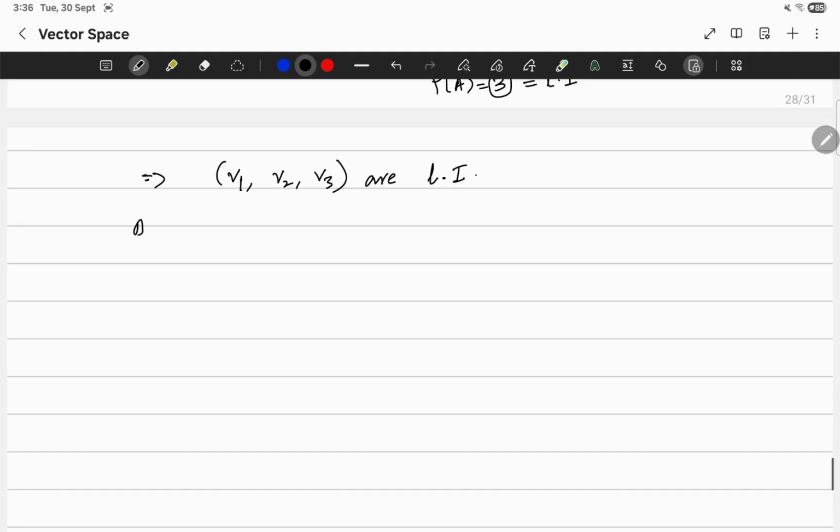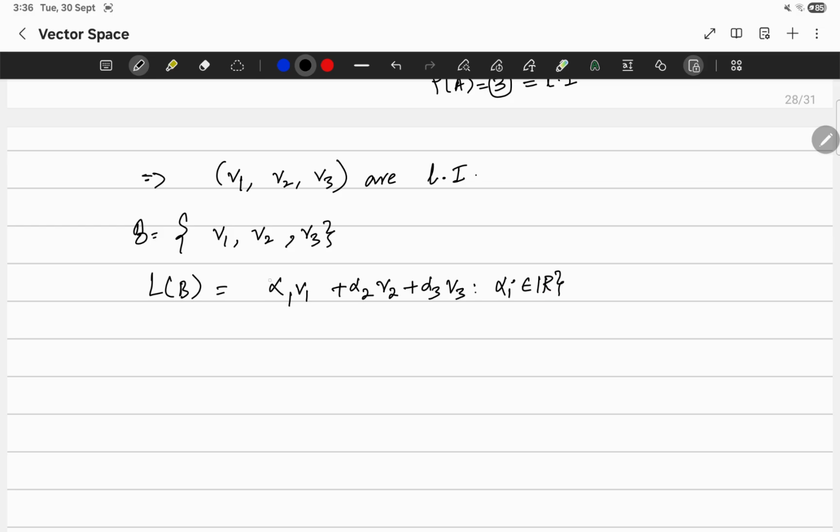Let B be equal to v1, v2, v3, and the linear span of B will be alpha 1 v1 plus alpha 2 v2 plus alpha 3 v3, where the alphas are real numbers.